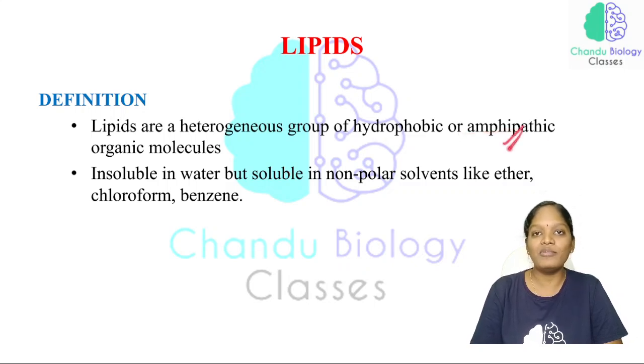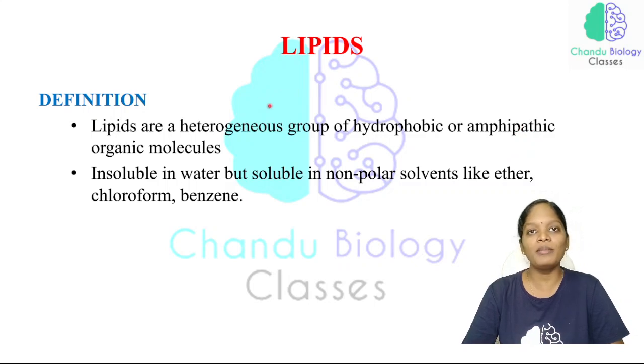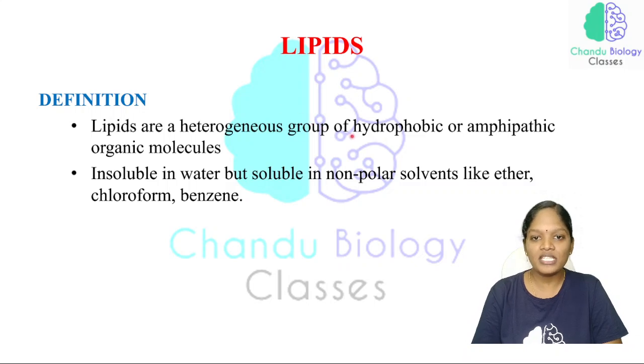This lipid is a heterogeneous group, which means many different compounds together make up a lipid. So a lipid is a heterogeneous group of hydrophobic or amphipathic organic molecules, but it is not exclusively hydrophilic.